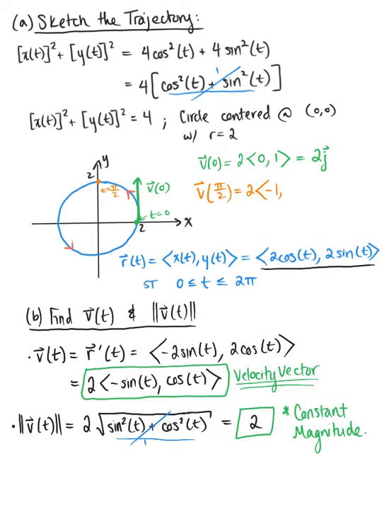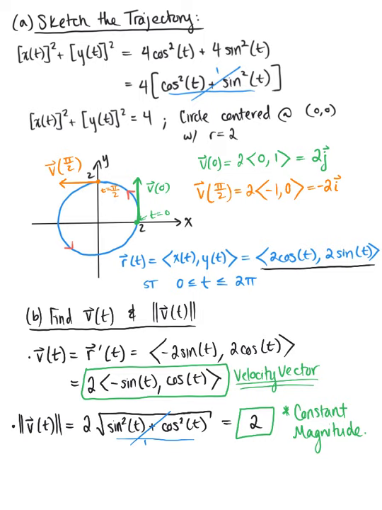And cosine of pi by 2 is 0. So this is a unit vector pointing in the negative x direction, multiplied by that scalar multiple of 2. So we have minus 2i hat. So here, if we sketch this velocity vector, we can see it has a different direction. So this is the velocity vector when t is equal to pi by 2.